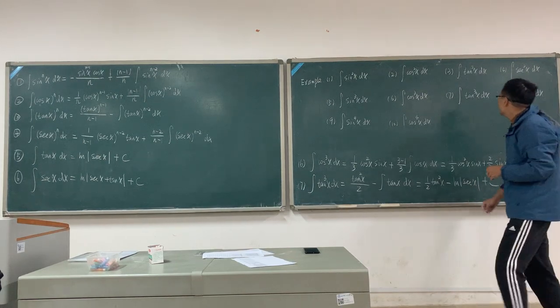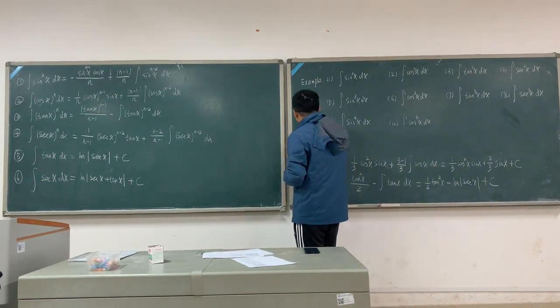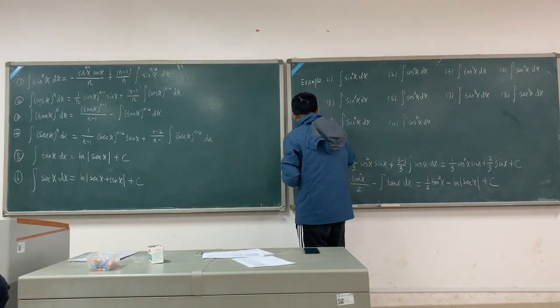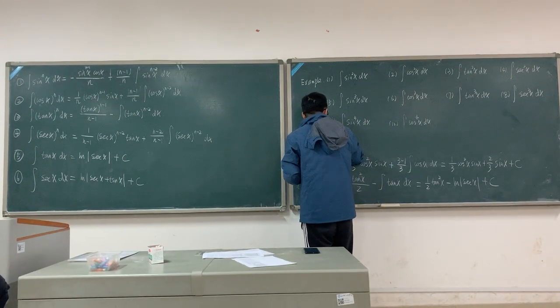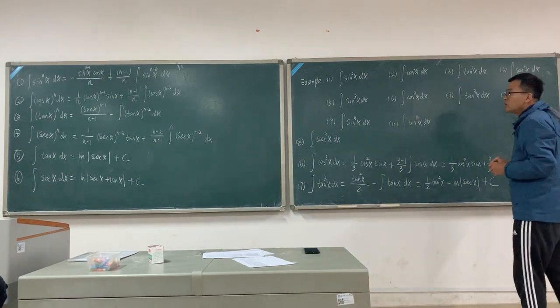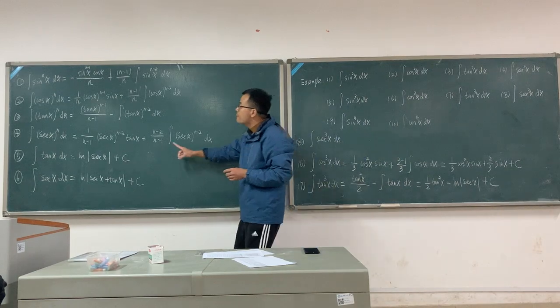Amazing. So here is number 8, the antiderivative of secant x cubed dx. Here we use number 4.